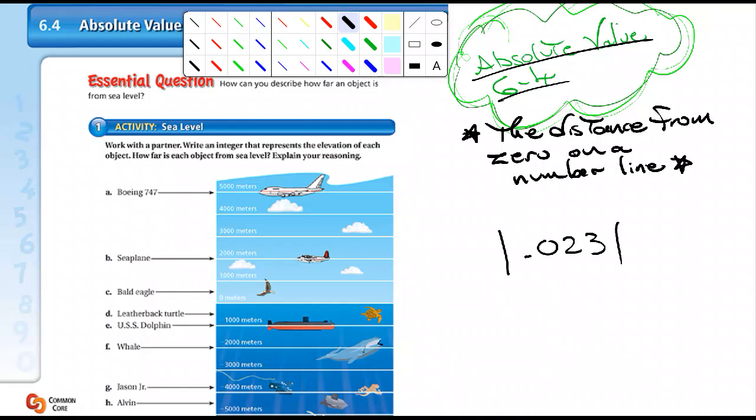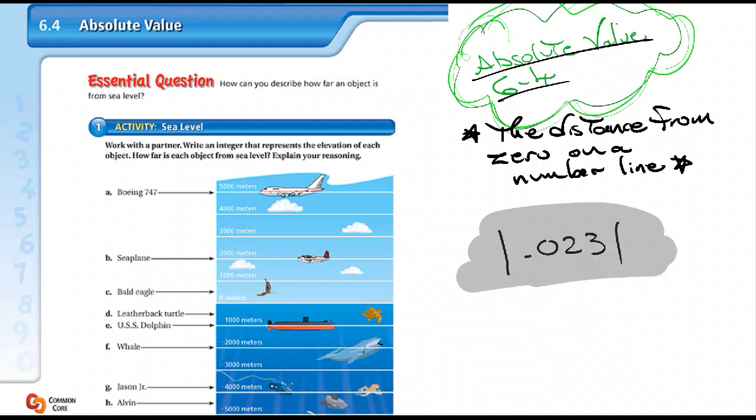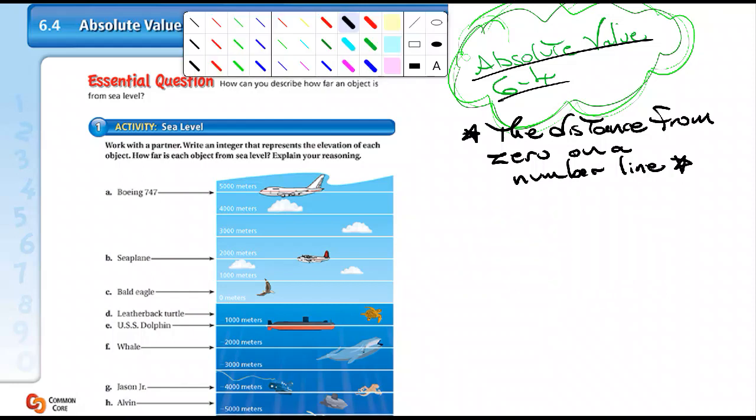The same thing applies if it's a fraction, or a mixed number, an improper fraction. It doesn't matter. When you have those two vertical lines, that means absolute value. So again, the definition of absolute value is the distance from zero on a number line.